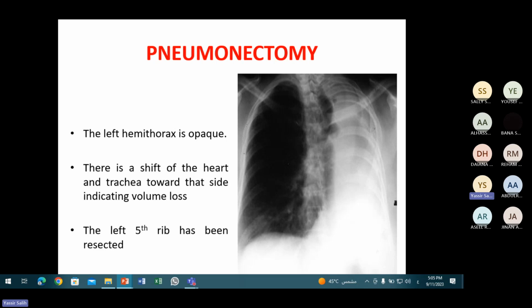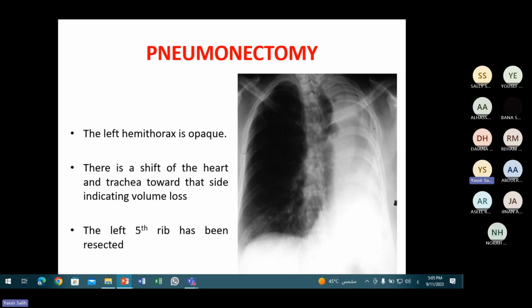We discussed the different imaging modalities that are used in assessment of this system, and also we discussed the anatomy in different images such as X-ray and CT. Then we discussed some radiological signs that can be seen on the chest X-ray, such as air bronchogram, silhouette sign and consolidation.